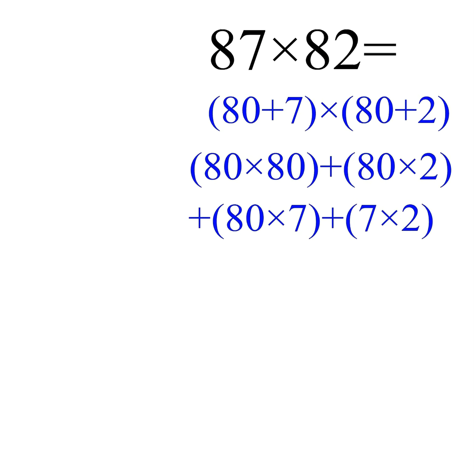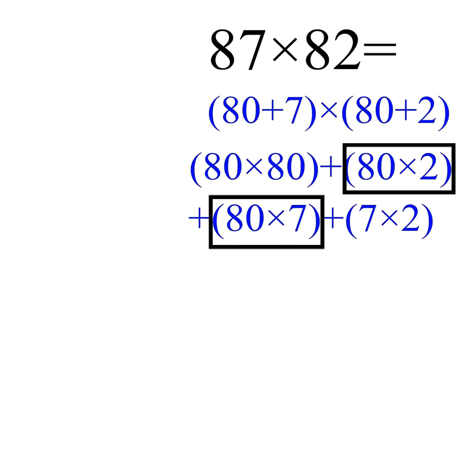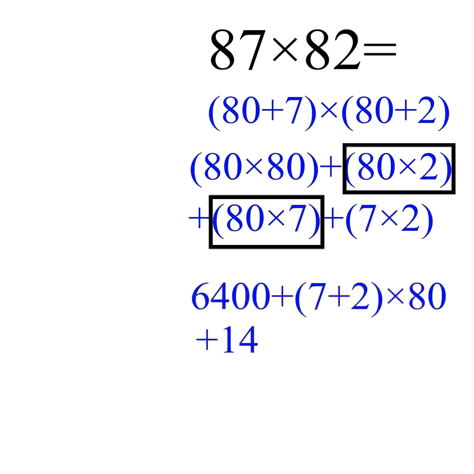Again, writing these two as a product using the distributive property makes it equal to 7 plus 2 times 80. And the first parenthesis equals 6400, and the last one equals 14.